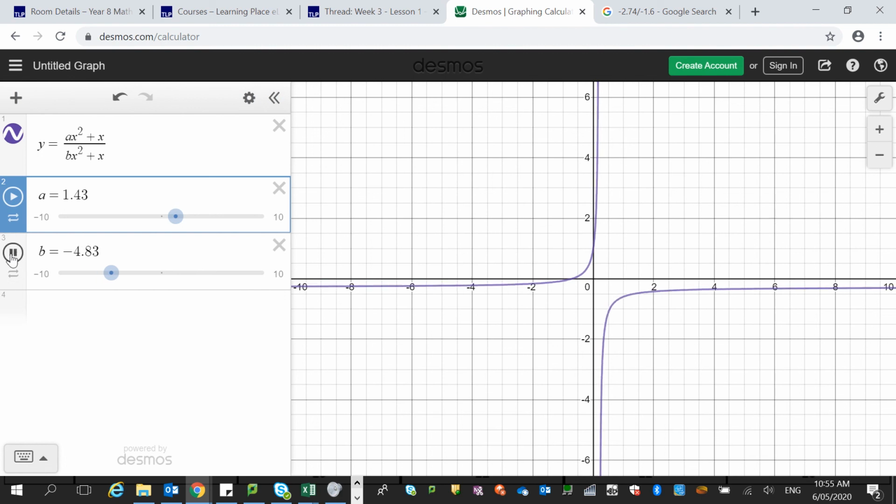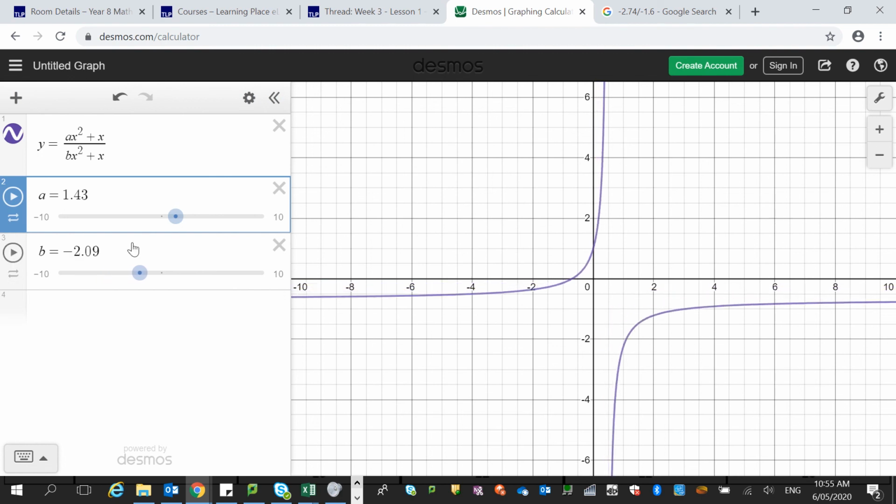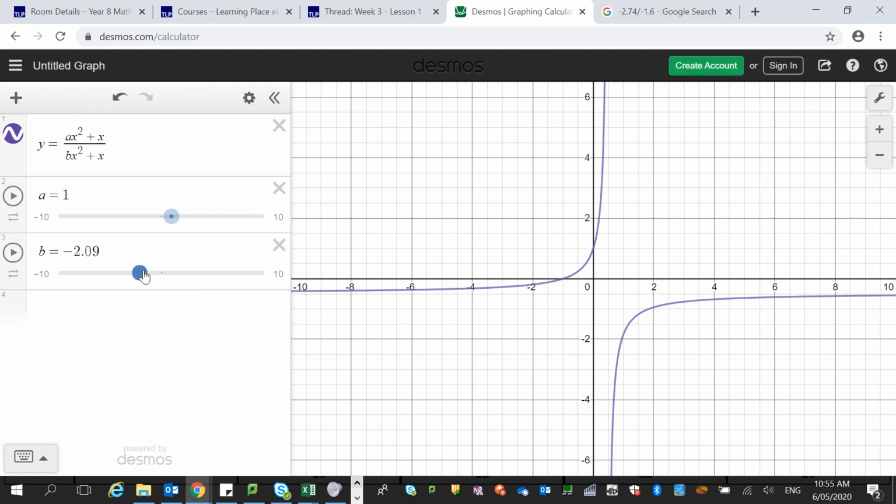And here we go, B is now negative 2.09, so let's make A negative 2. What's 1 divided by negative 2?